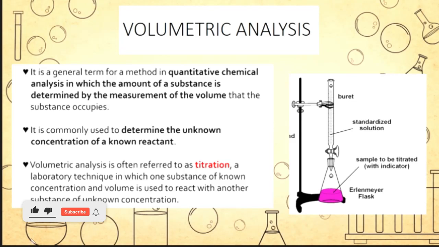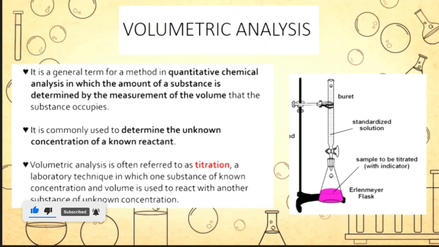The examples are in acid-base titration, alkalimetry, acidimetry. We usually use potassium hydrogen phthalate, right? That is an example of primary standard. Then sodium chloride is an example of primary standard. Some of the things we use in the experiments, which are used in the burette, are the best examples of primary standard.